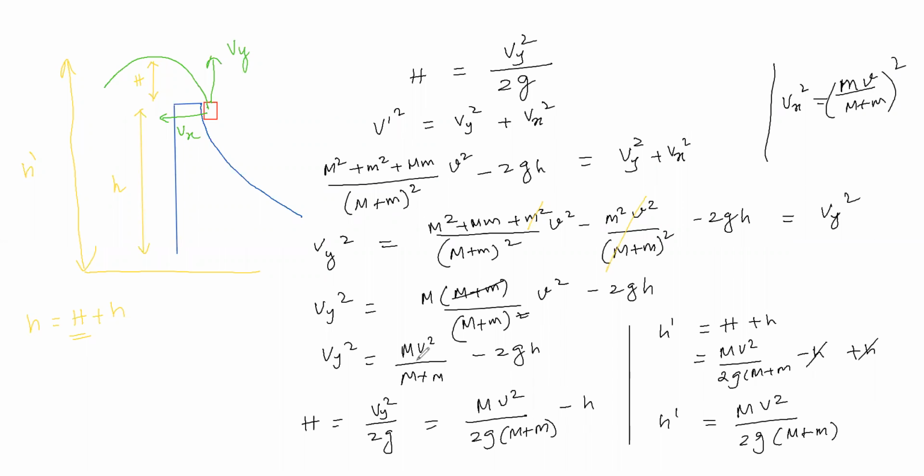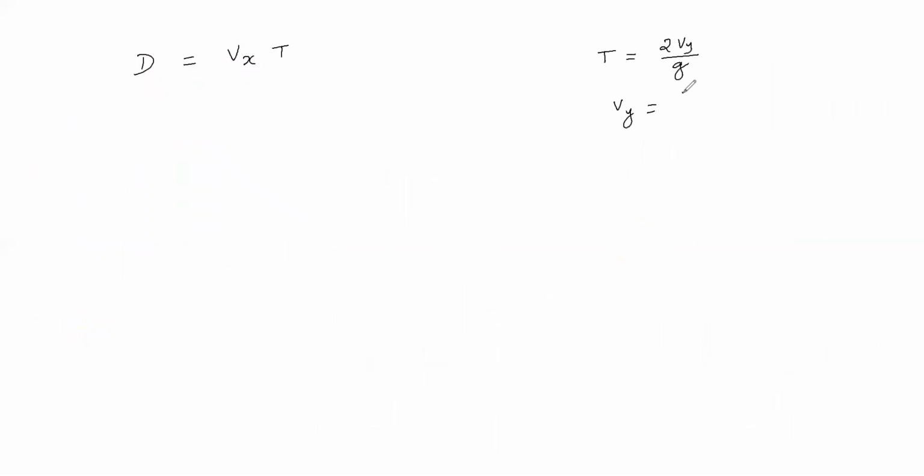We know that the formula for time of flight is twice the vertical velocity by g. Now the vertical velocity we got here is the square root of mv square by (M plus m) minus 2gh.